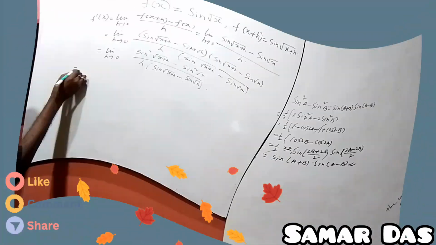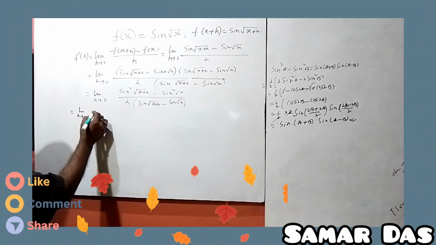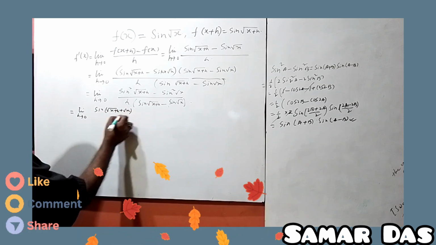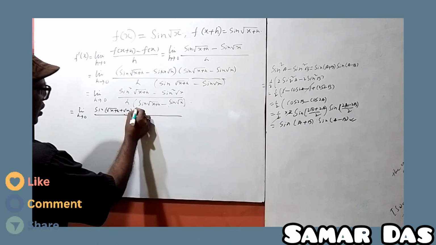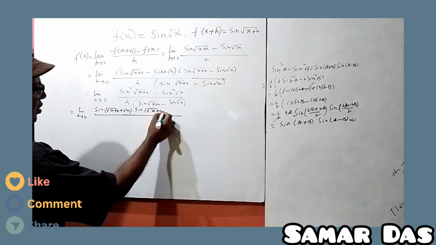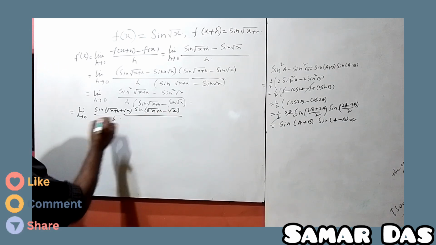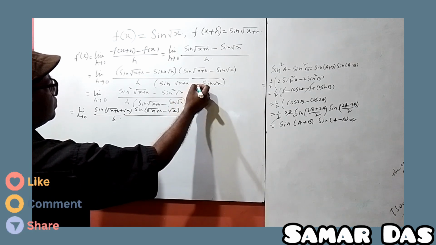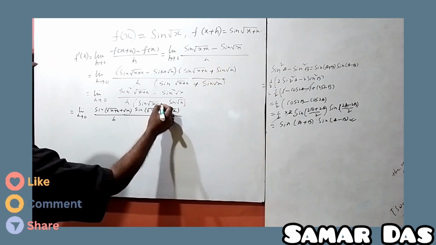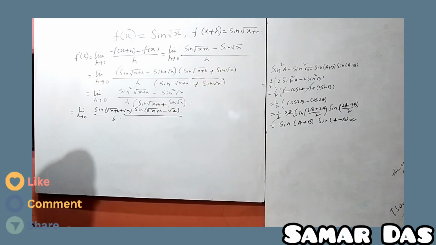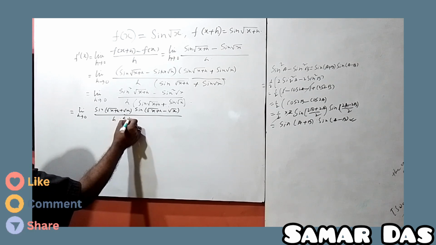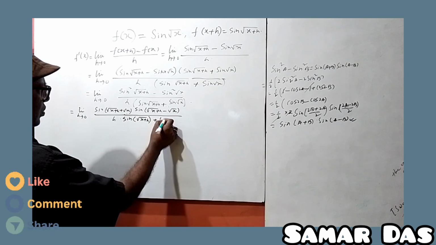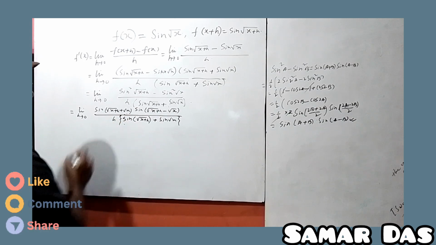Okay, now we write this step here, limit h tends to 0, and here we can write sine of root over x plus h plus sine root x, and sine of root over x plus h minus root x by h. Okay, see this step here.